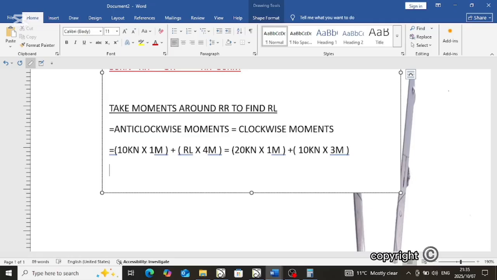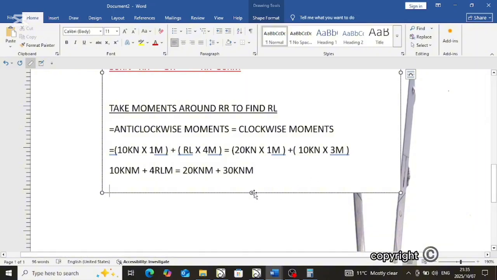So I think we are done. Let's go to the next step. The next step, we are going to multiply everything, which means here it will be 10 kilonewton meter plus 4RLM equals 20 kilonewton meter plus 30 kilonewton meter.